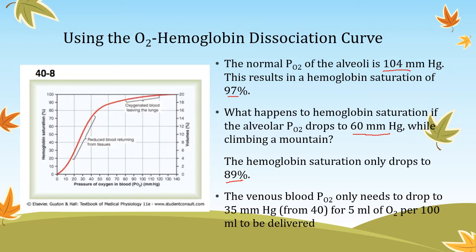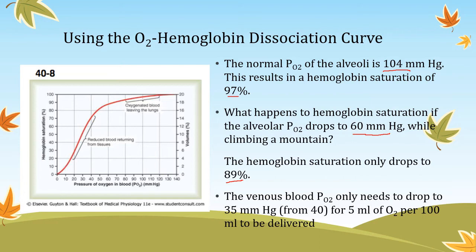So 8% difference, meaning only 8% of oxygen is being released, while the partial pressure of oxygen drops from 104 to 60, about a 44 millimeter mercury difference. That's how efficient our hemoglobin is.